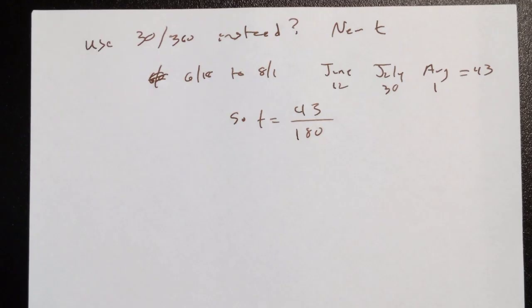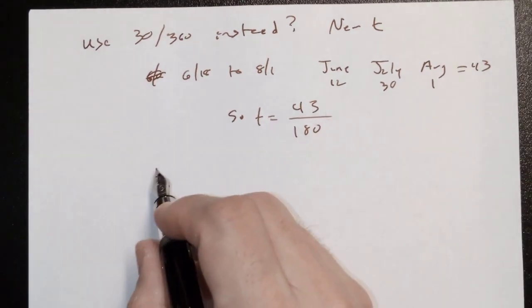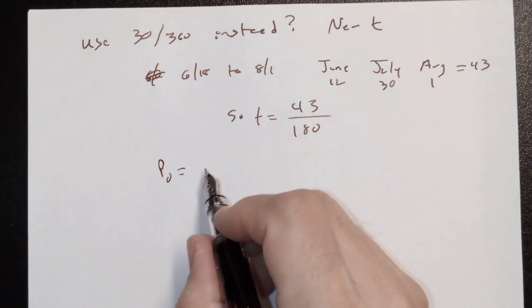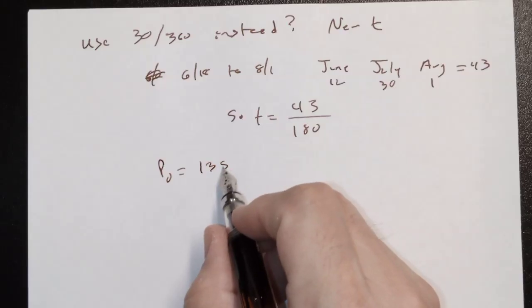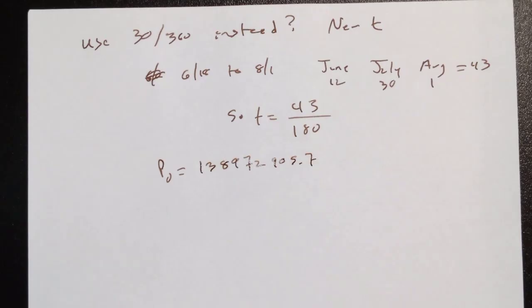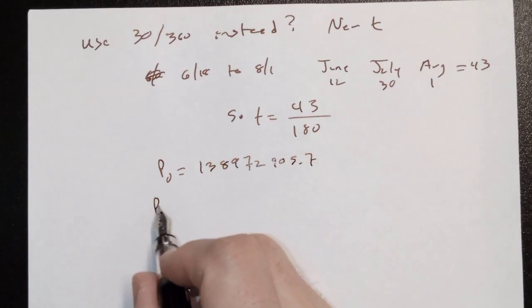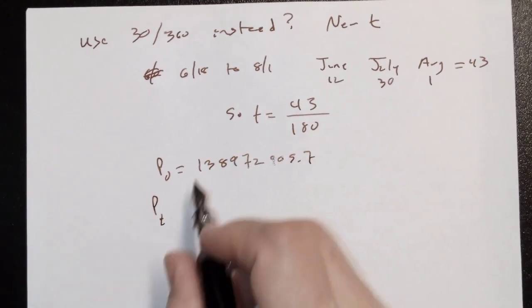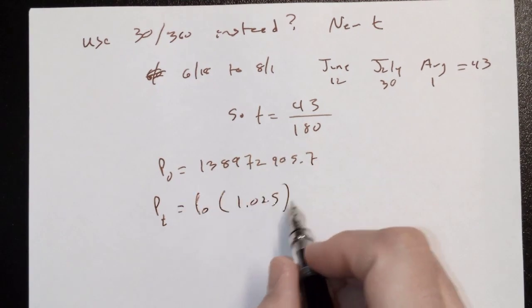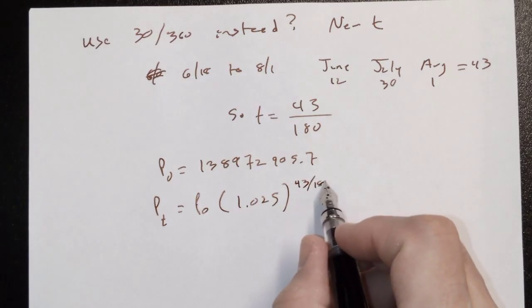That's why I went, wait, a year is only 360, so it's half a year. Okay, so now P0 is the same. 138,972,905.7. But my price at date T is P0 times 1.025 to 43 over 180.